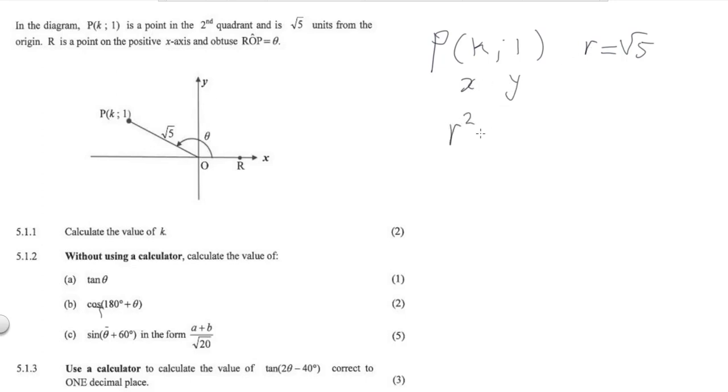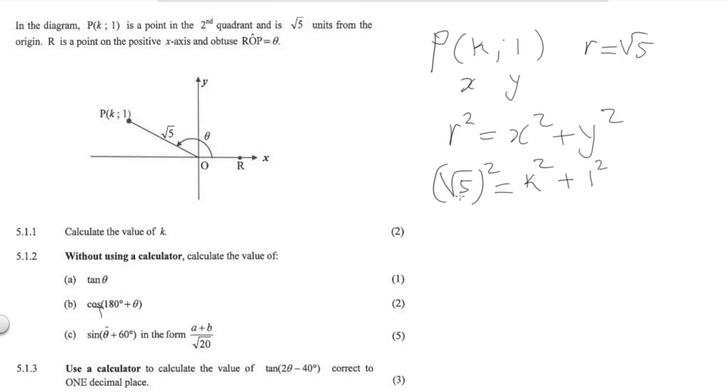So r squared equals x squared plus y squared. r is square root 5, x is represented by k, so k squared, and then 1 squared.